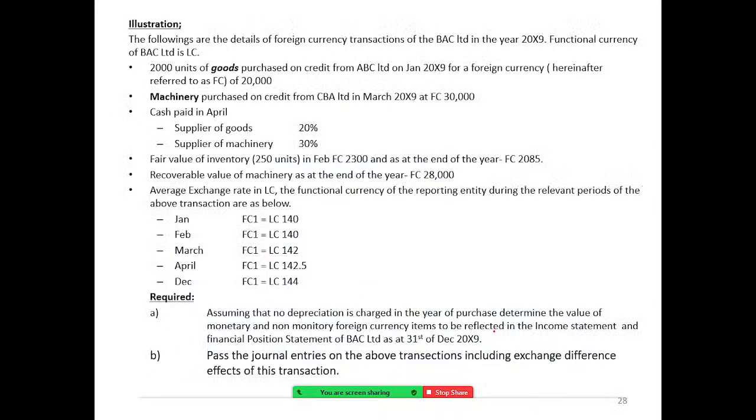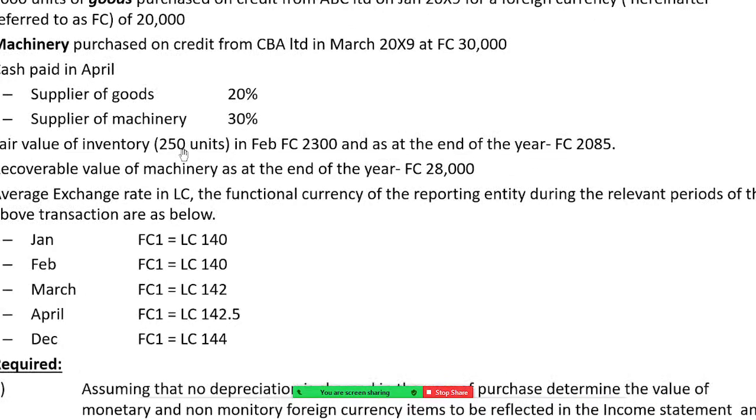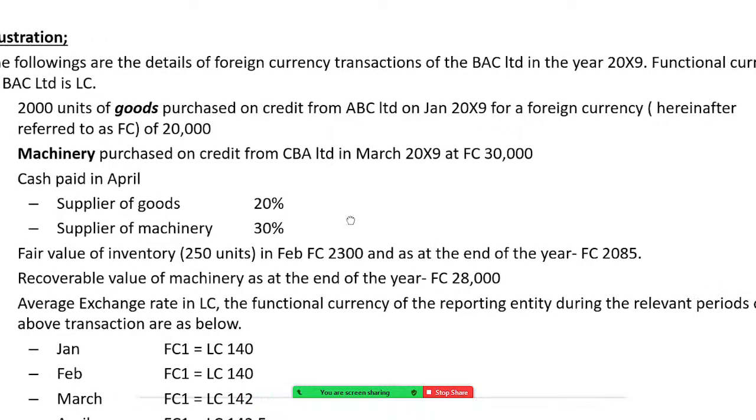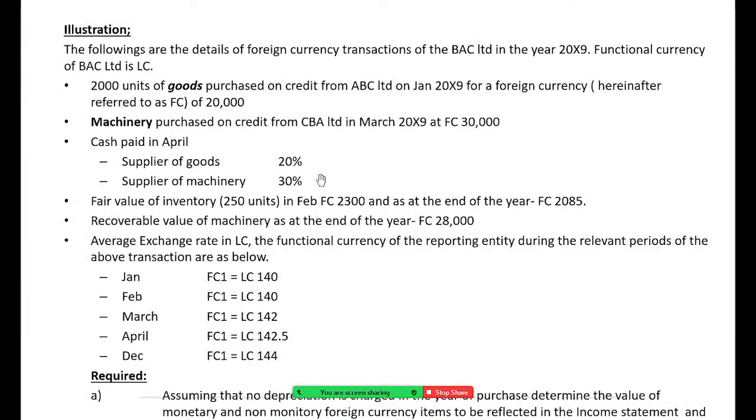Now we have the same example as we did in the first part. Here are the details of the foreign currency transactions of BAC Limited in the year 2009.